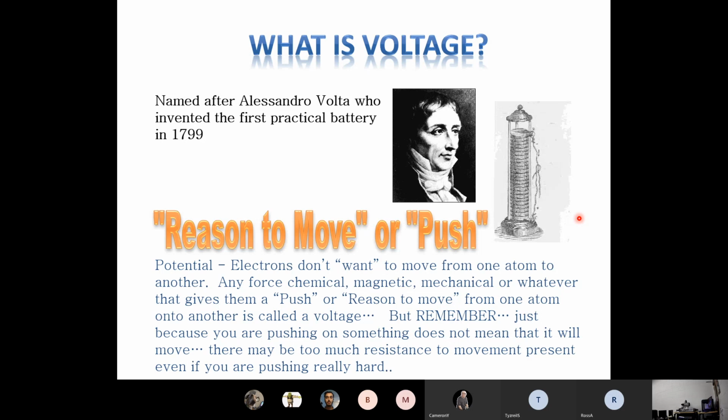That's kind of how I would say it. Any push or any force that pushes electrons to move from one atom to another is voltage. That's how I would put that. One atom to another. Yeah.